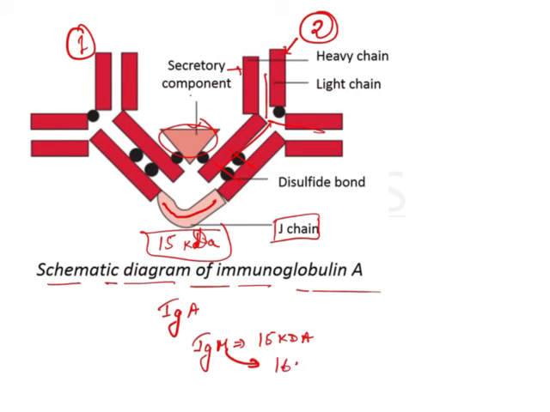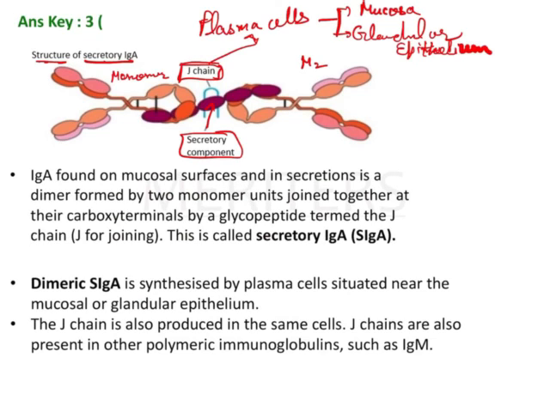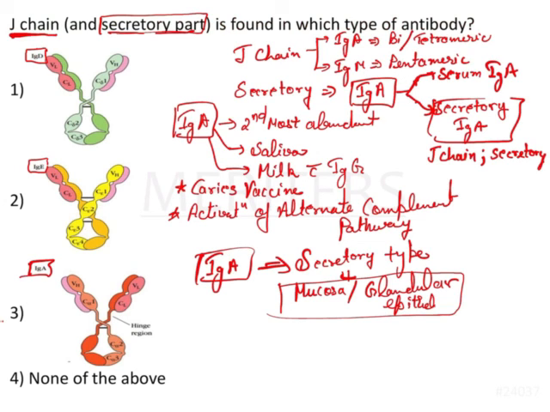Each monomer is 160 kDa, and that is going to form a pentamer of around 950 kDa. These are certain values which are generally asked in the exam. So if we go back to the question, the J chain as well as the secretory part are found in IgA, that is your option number 3.